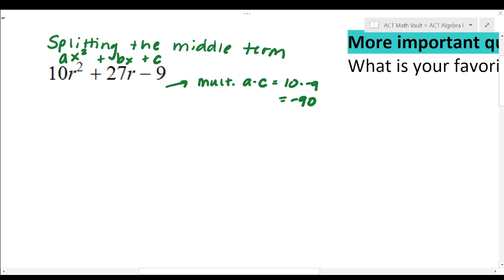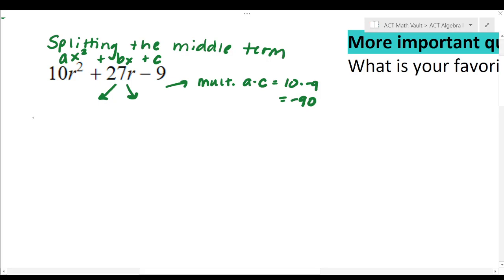And I think of that negative 90 as basically like the magic number for this problem, where we are literally going to split this middle term up into two terms that will add to 27r and then multiply to negative 90r.